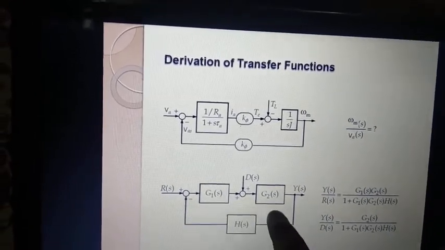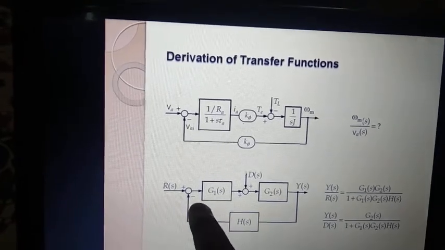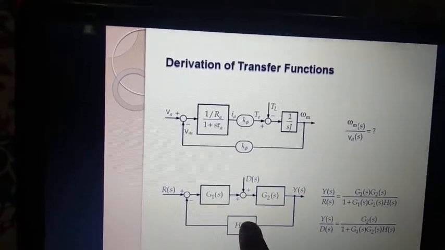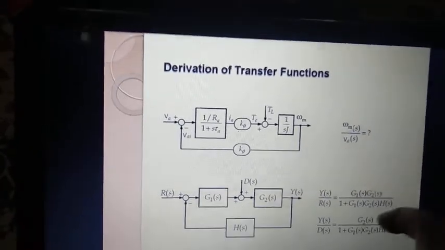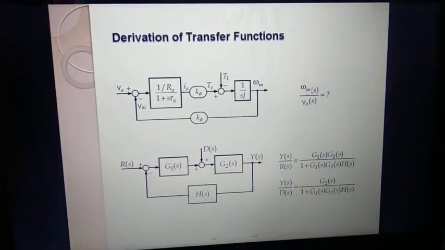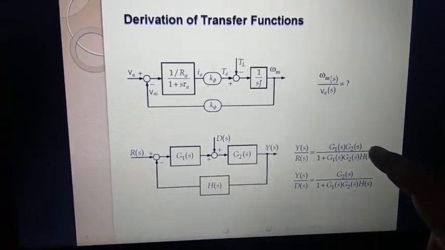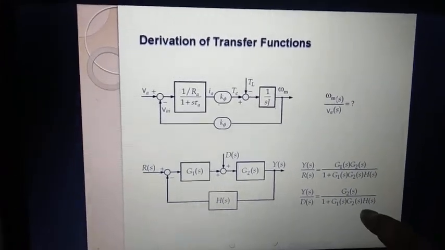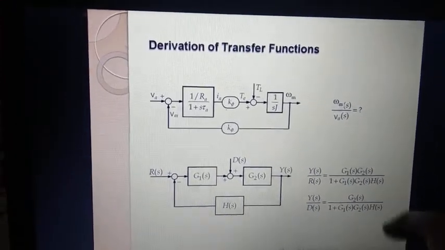So the transfer function is G2(s) upon 1 plus H(s) into G1(s) into G2(s). These are the two equations for the transfer function of the DC motor: number 1, when the input is R(s), and number 2, when D(s) is your input. In both cases, the output will be Y(s).